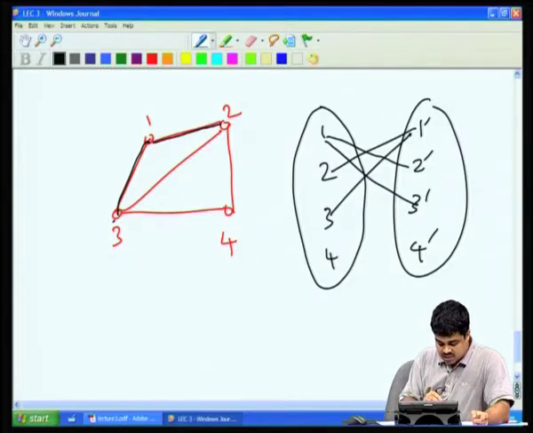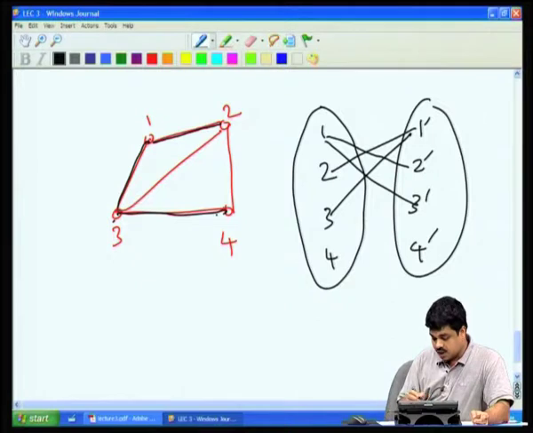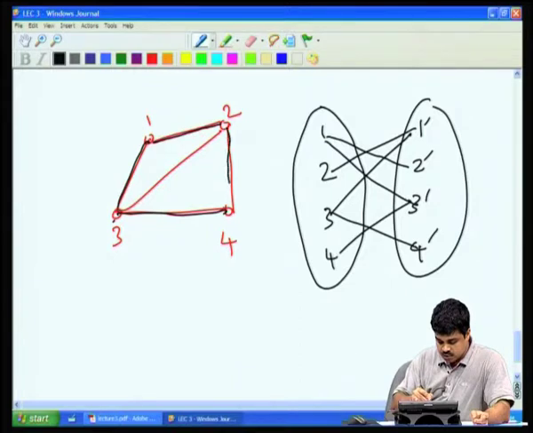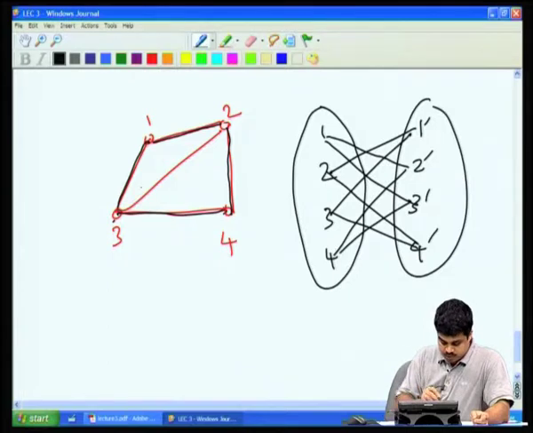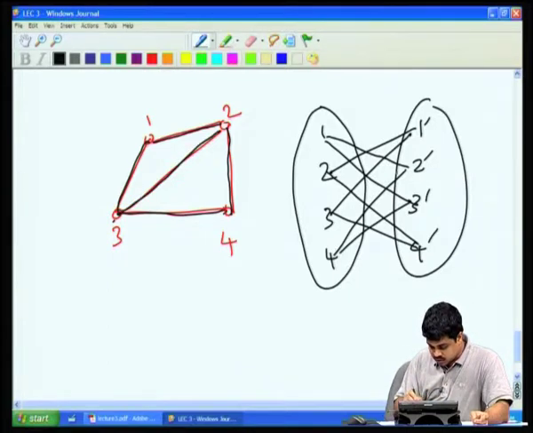Similarly, there is an edge between 3 and 4, so I will put an edge between 3 and 4 dash and 4 and 3 dash. Between 2 and 4 there is an edge, so I will put an edge between 2 and 4 dash and 4 and 2 dash. Now, the last edge is between 3 and 2, so I will put a 3 and 2 dash edge and a 2 and 3 dash edge.